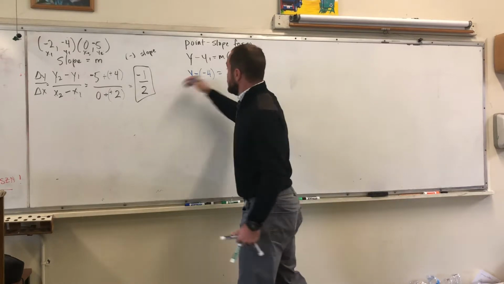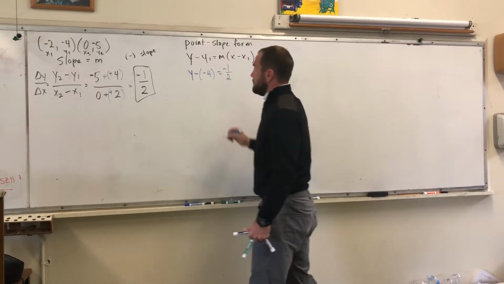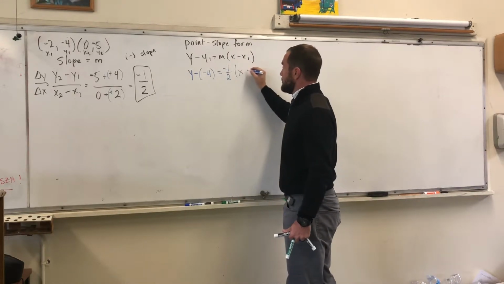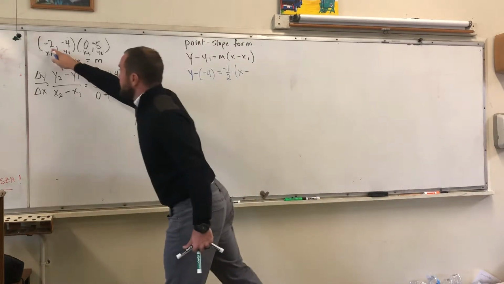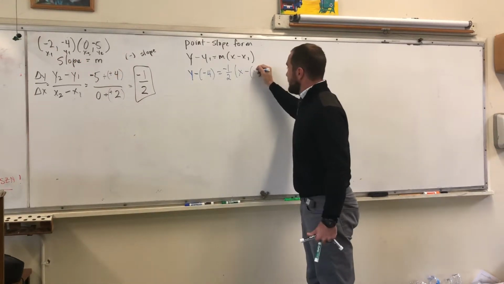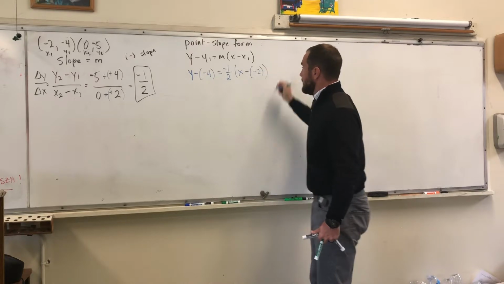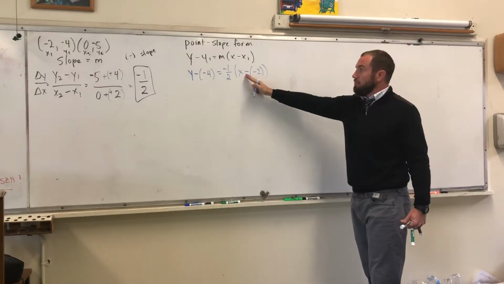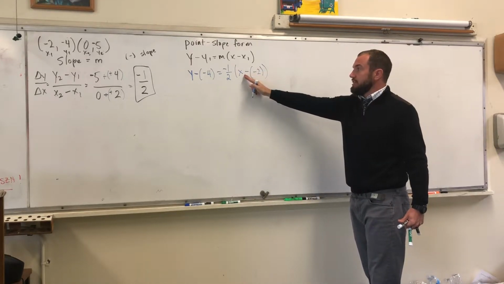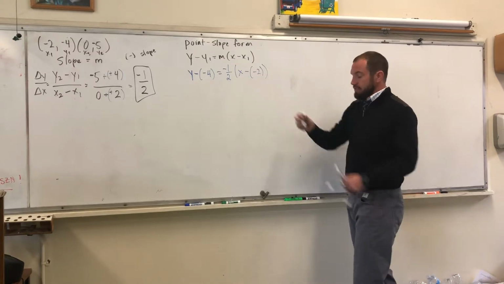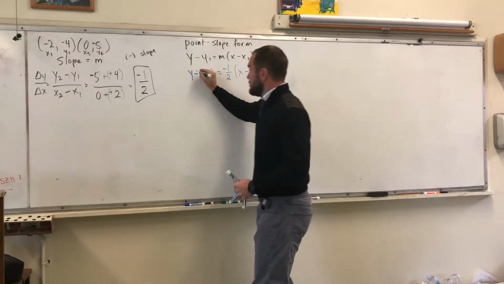And then our slope, negative 1 over 2, times x minus whatever x1 is. Again, you're subtracting a negative value. So don't forget, and don't just make this x minus 2. This is an x minus a minus 2. Our signs change.